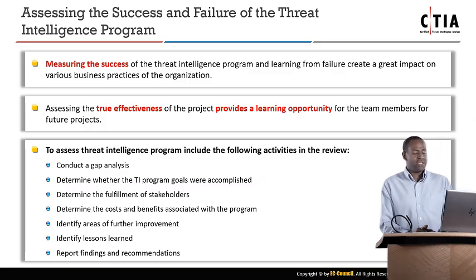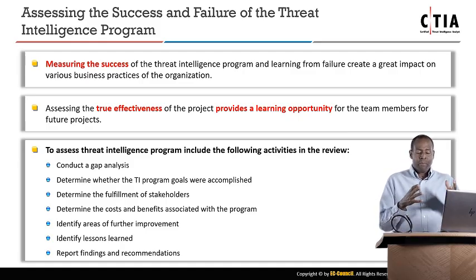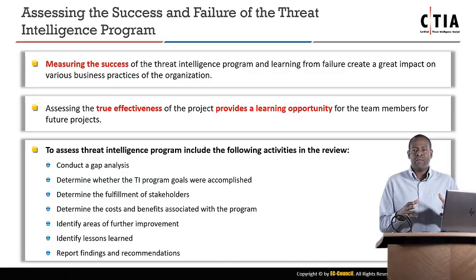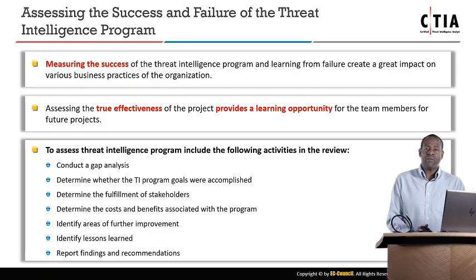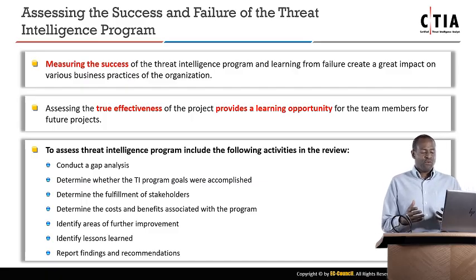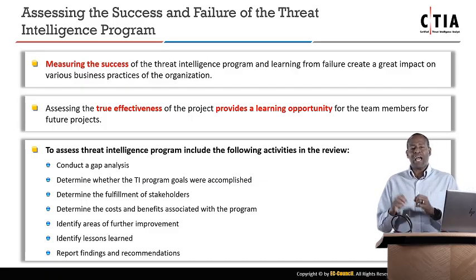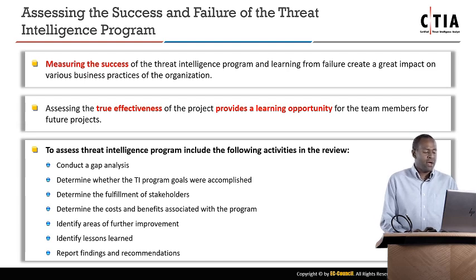Identify areas of further improvement. Sometimes a project is implemented, it's up and running, but there may be a couple of low-level parts of the project that never got implemented. That's possible. So that's one area for improvement, so we can finish the last details of the project.